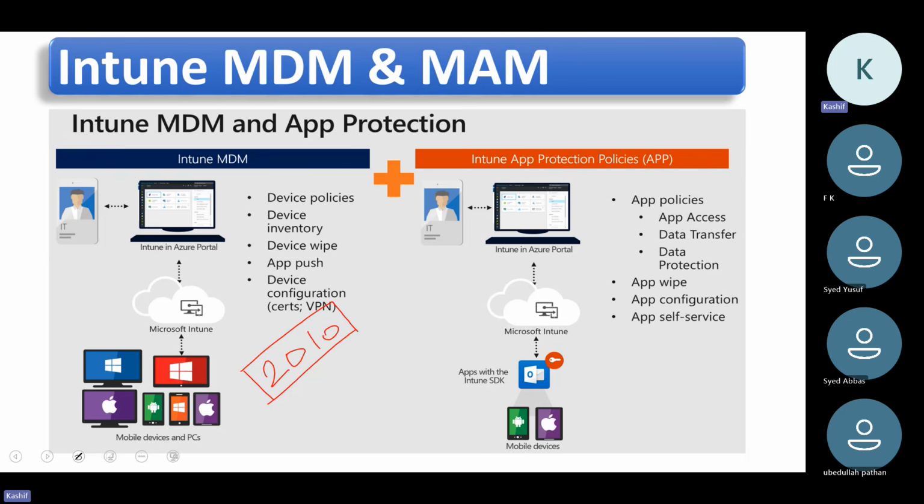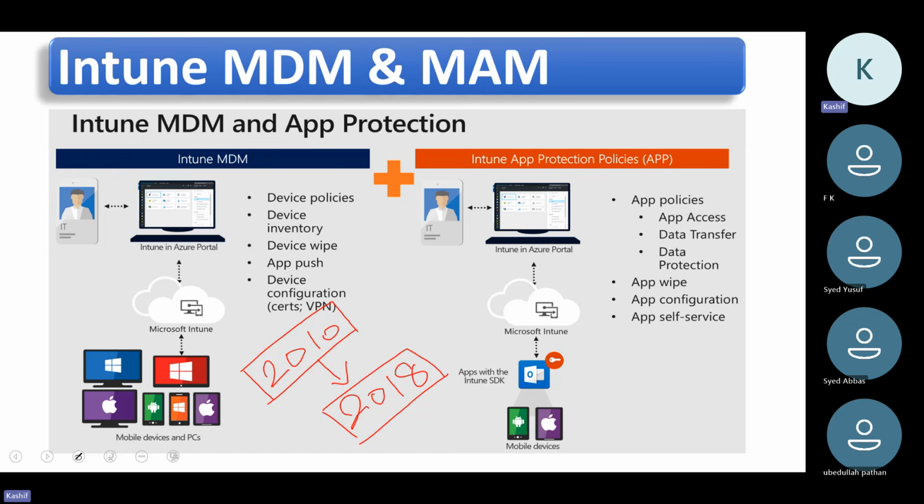It was going okay from 2010 to 2018 or 19. But after 2018, what happened in the year 2019? COVID started, and people started working from home. And by that time, in those 8 years, Intune had evolved from basic to advanced mobile device management and mobile application management.